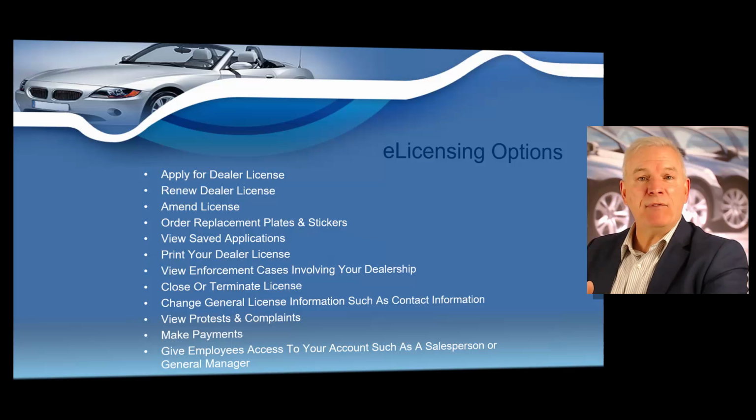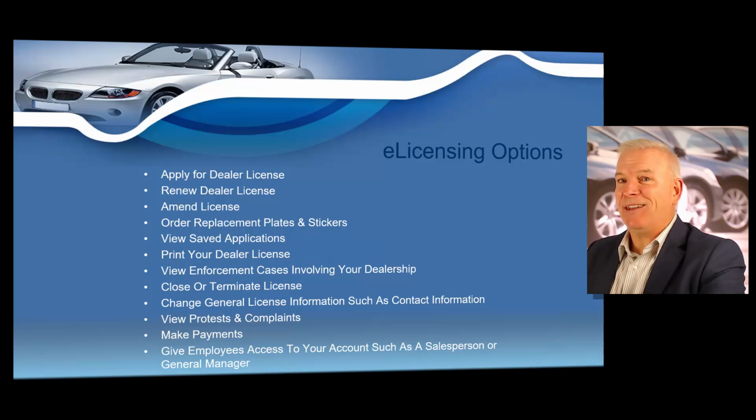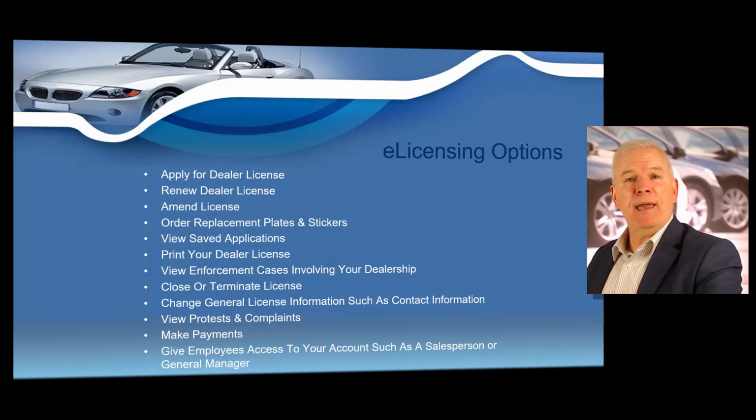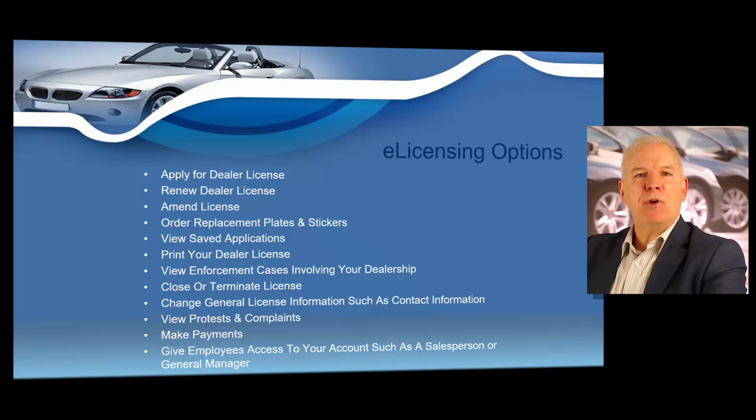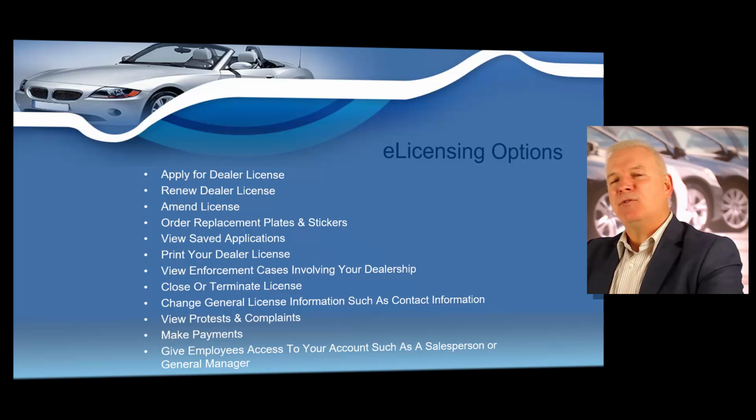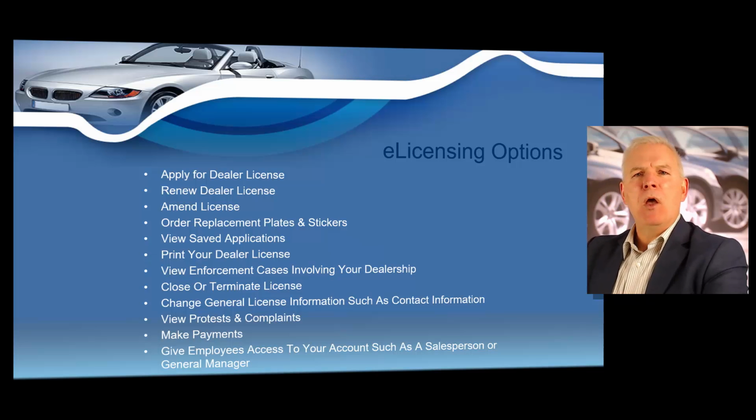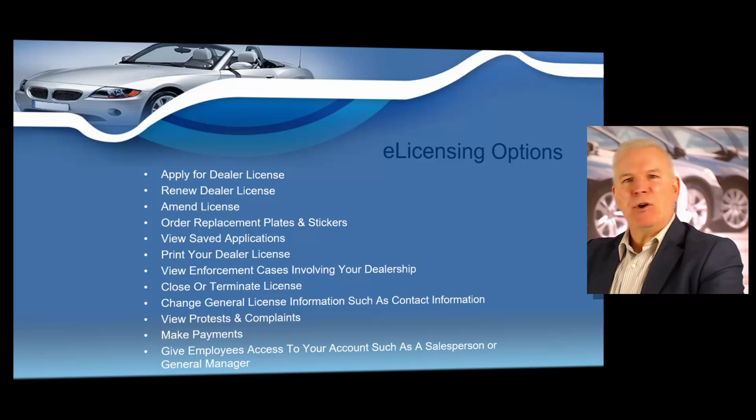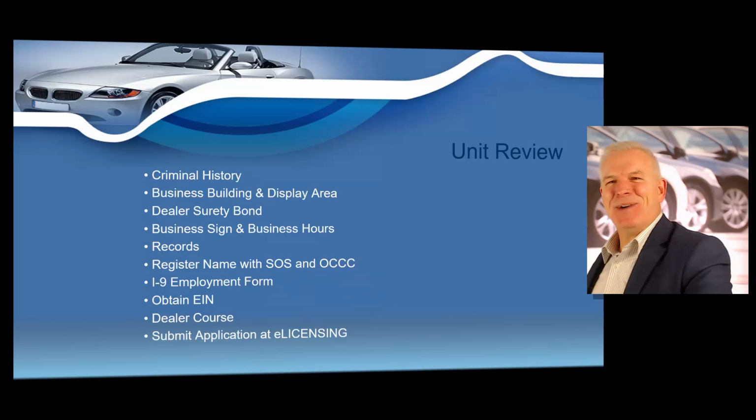You can view those saved applications, check your application status like I just showed you. You can print up a copy of your dealer's license, view enforcement cases that involve your dealership, close or terminate your license, change general license information, and also give employees access to your account, such as maybe a salesperson or a general manager.